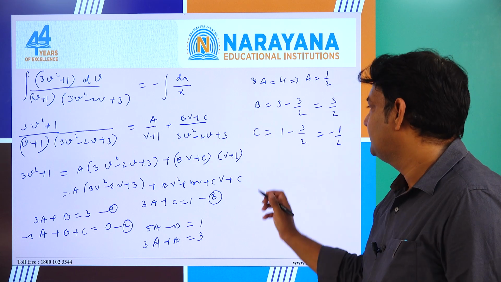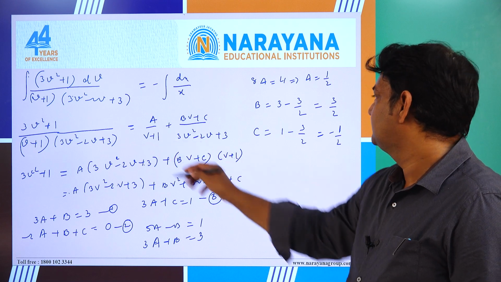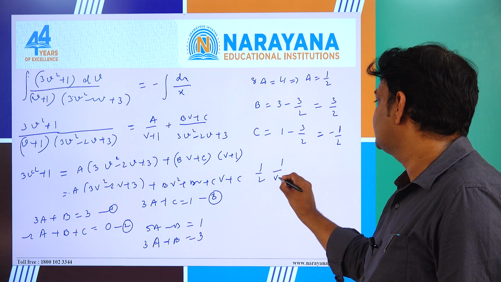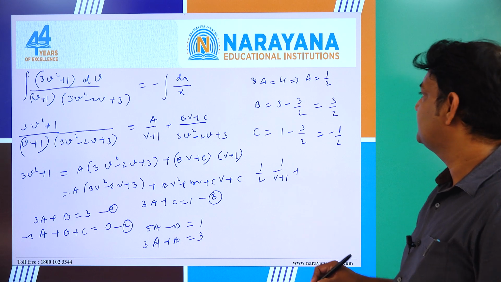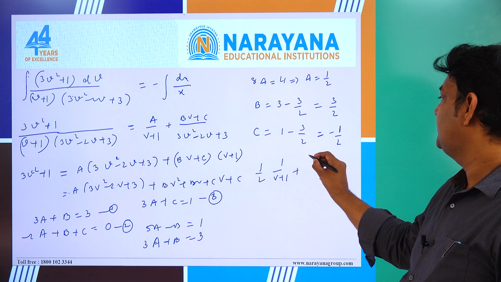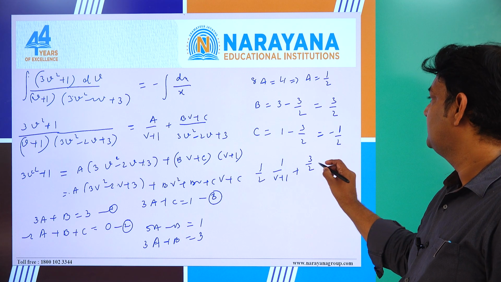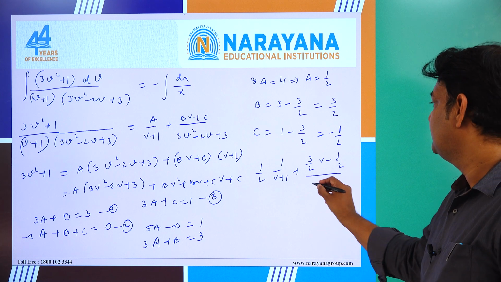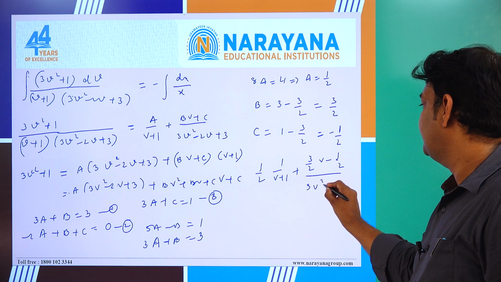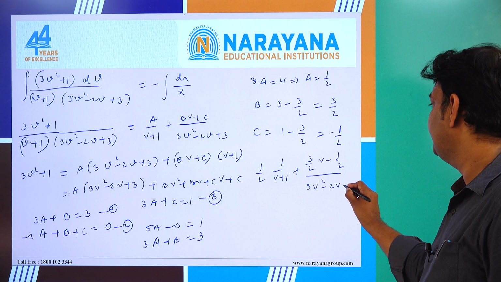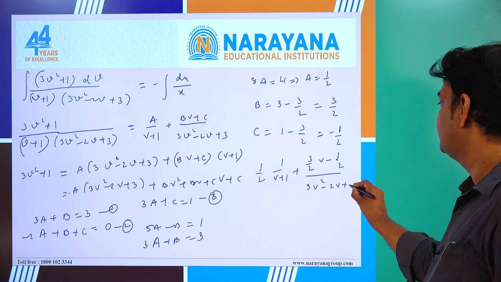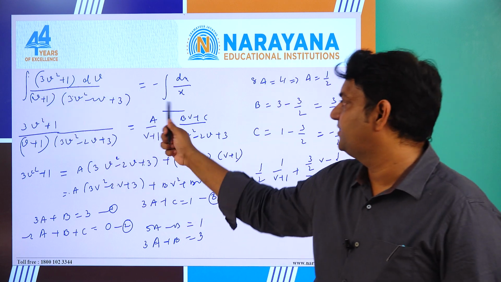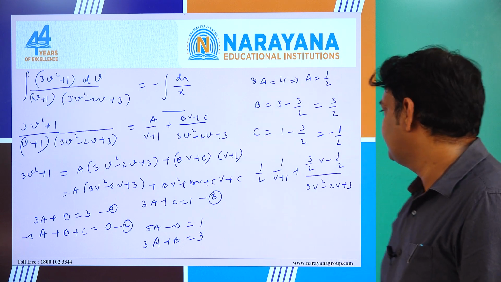Substitute the a, b, c values here. What will you get? This is 1 by 2 by v plus 1 plus 3 by 2 v minus 1 by 2 by 3v square minus 2v plus 3. This thing, I am integrating separately. Let us integrate this and then we will equate with this one.